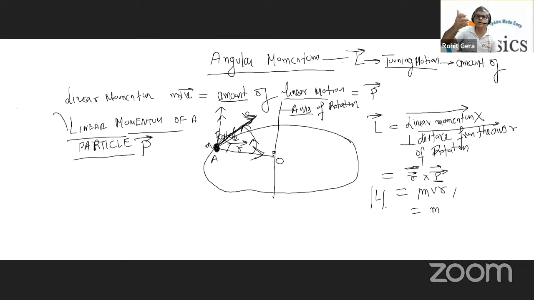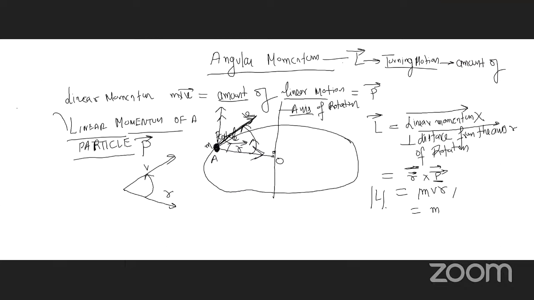Just use your hand and curl it along the from if you want to use this. If this is your r and this is your v, then open the cork like this from r vector to v vector. Okay, अब अच्छा ओके, ढक्कन को ऐसे खोलो from r to v.